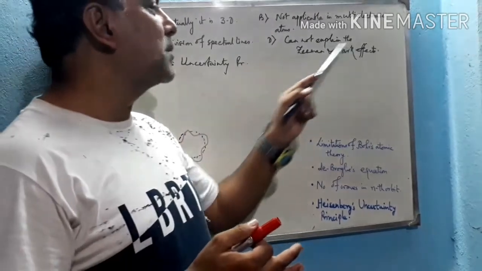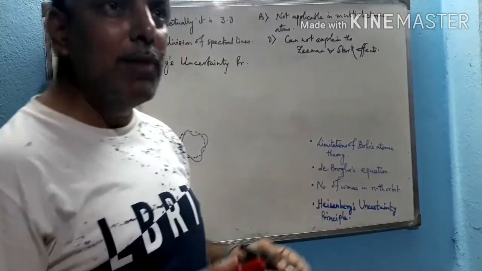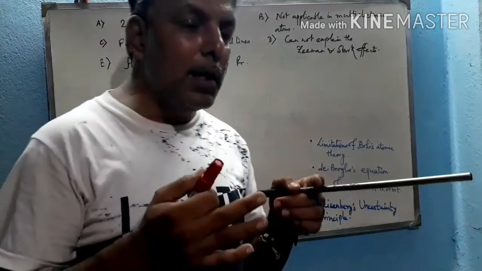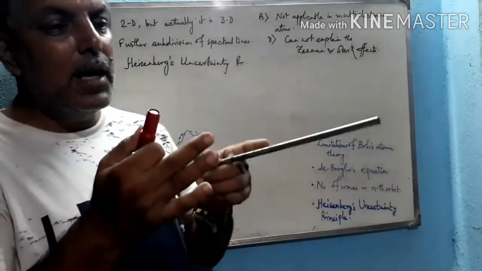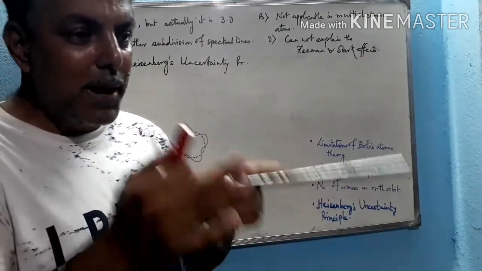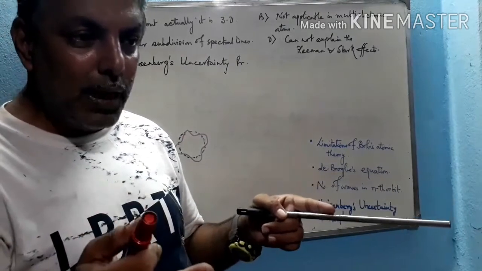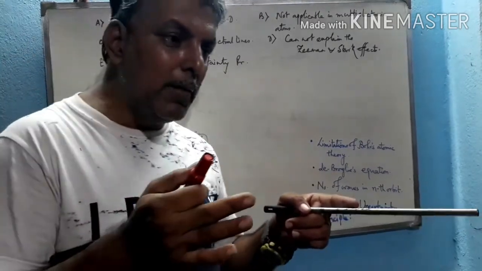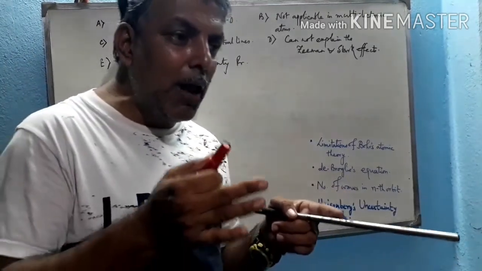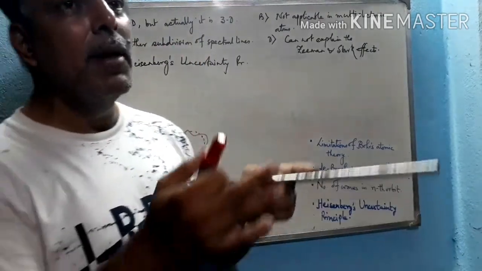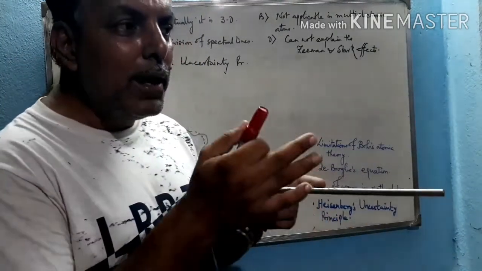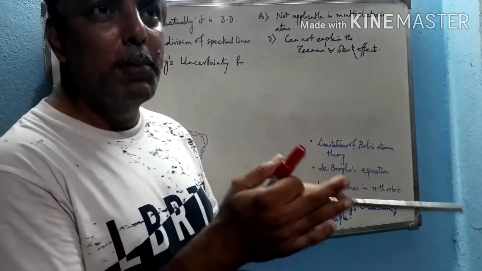Fourth, cannot explain the Zeeman and Stark effect. What is the Zeeman effect? Whenever the atomic system, the electronic system, is placed in a magnetic field, it affects the electronic spectrum and a finer subdivision of spectral lines is obtained.